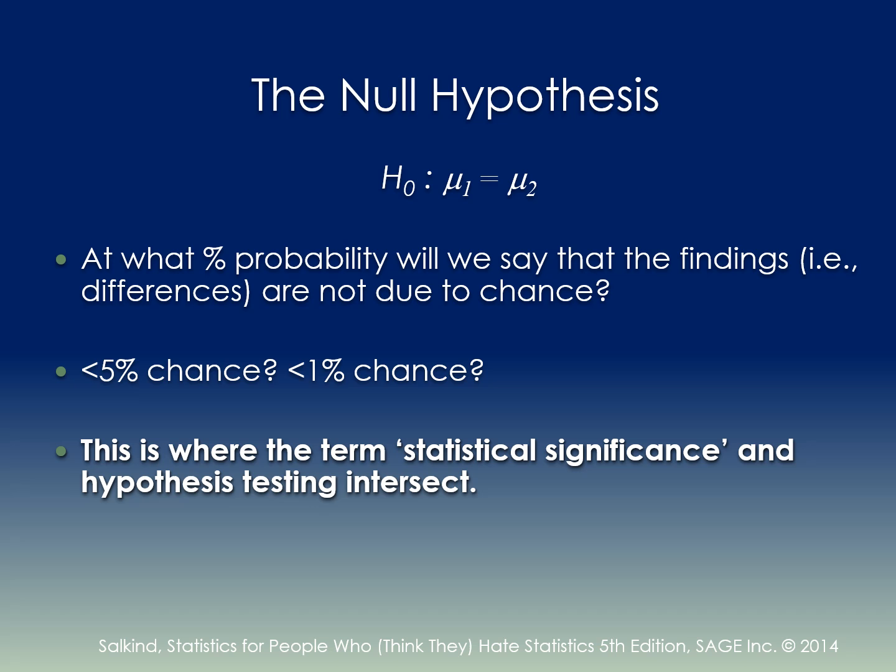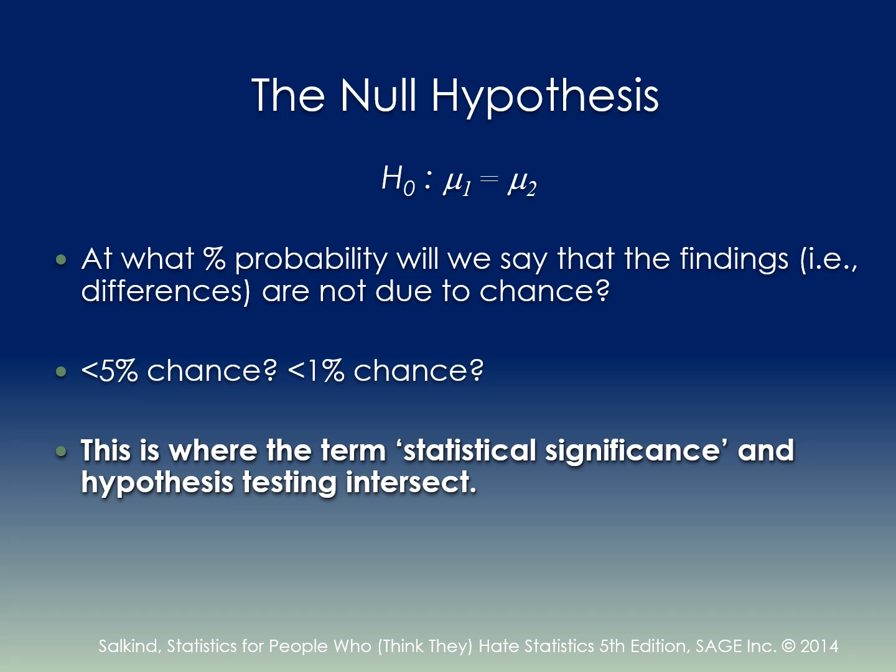At some point, we have to make a decision whether or not to reject this null hypothesis, right? And by virtue of rejecting the null hypothesis, we accept the alternative, which is the research hypothesis. But that brings with it a chance of error. And so we want to be pretty darn sure that we're making the correct decision. And so we have to set what we call a threshold somewhere along the way where we say, okay, at what percent chance do we think that the findings here actually happened by chance?